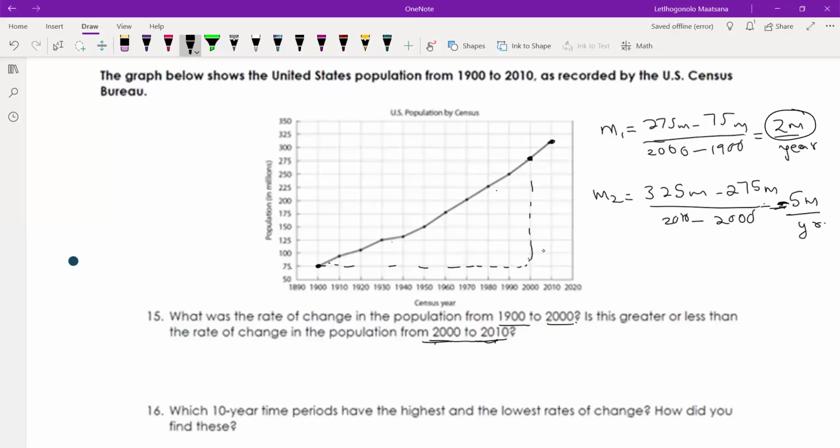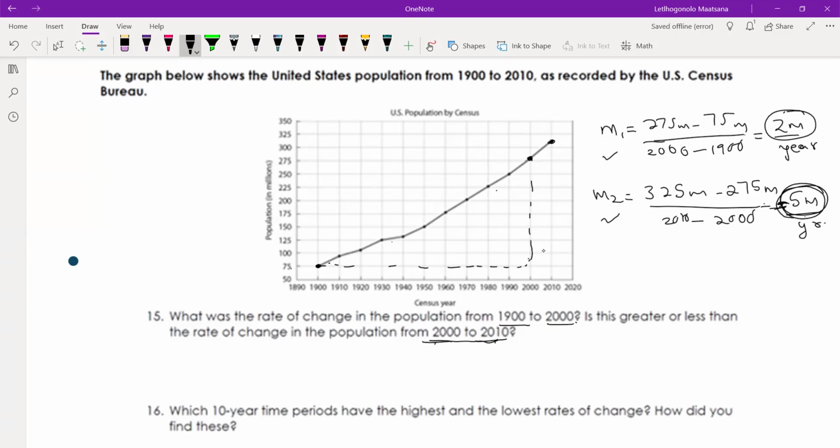Because there they only increased by 2 million, whereas over that short period, they increased by 5 million per year. So the one with the greater rate of change is going to be this one, and this one will be less.